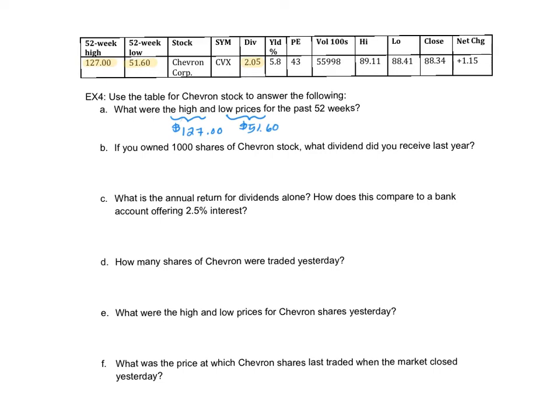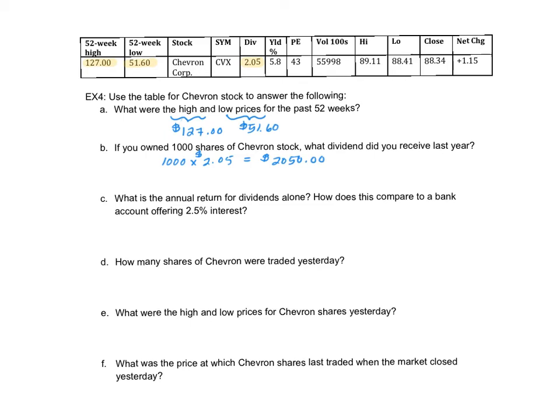So since the dividend is $2.05 per share and you own 1,000, you simply take the amount of shares you own, you multiply it by the $2.05, and it looks like it's $2,050. So that's how much you earned from Chevron stock from the prior year.